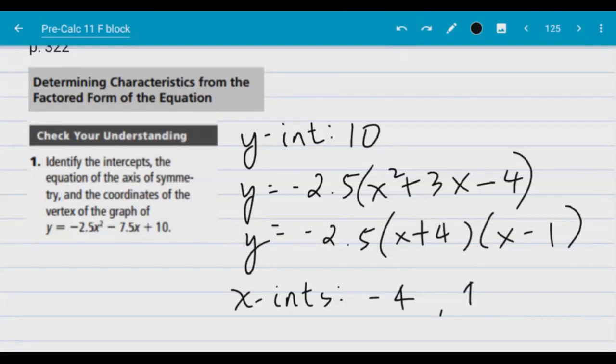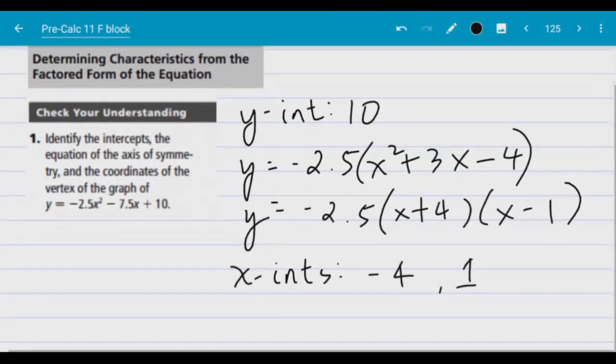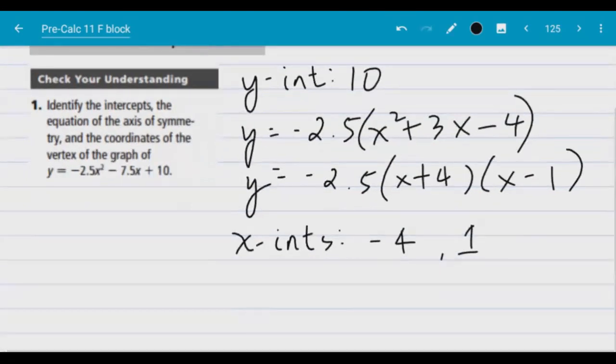We need the equation of the axis of symmetry. Well, the equation of the axis of symmetry will be given by either getting the coordinates of the vertex, or if you have your x-intercepts, since a parabola is symmetric, the axis of symmetry will be right in the middle of those two x-intercepts.